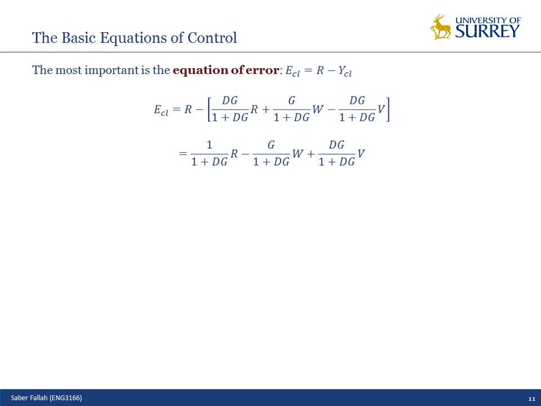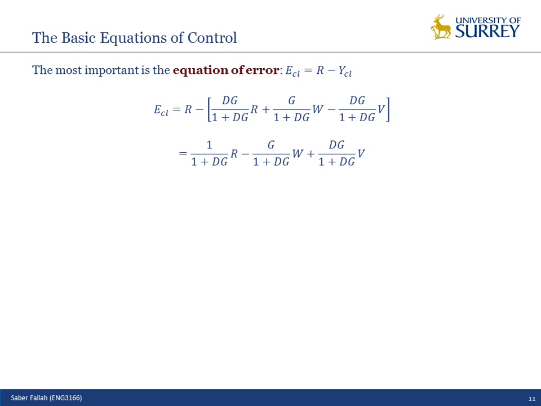If you want to have a perfect response, what should be the value in the frequency domain, or roughly, what should be the DC gain? What should be the ratio of G over 1 plus DG? Roughly.